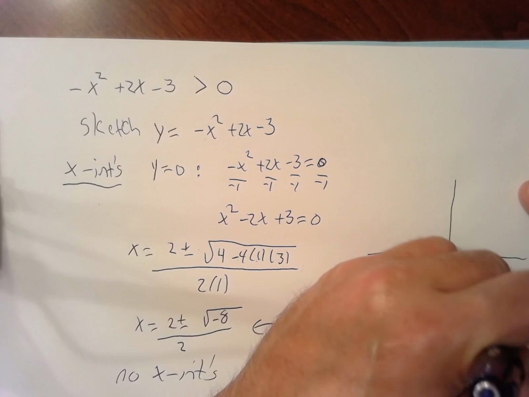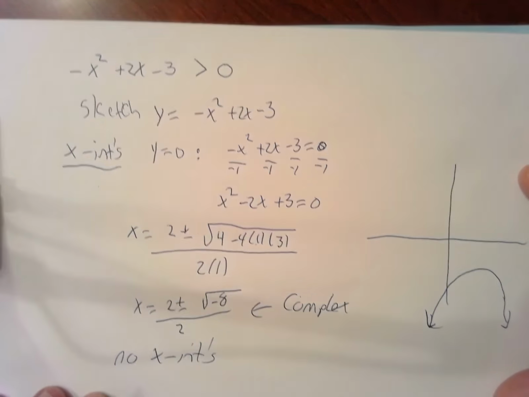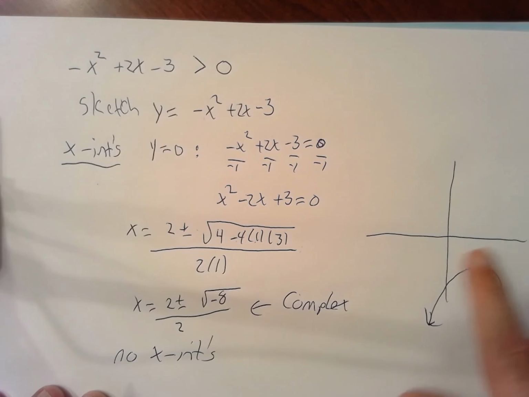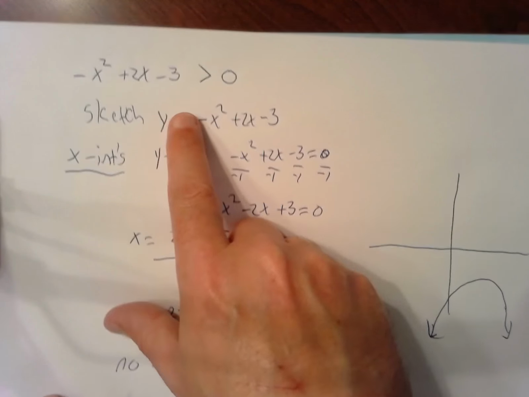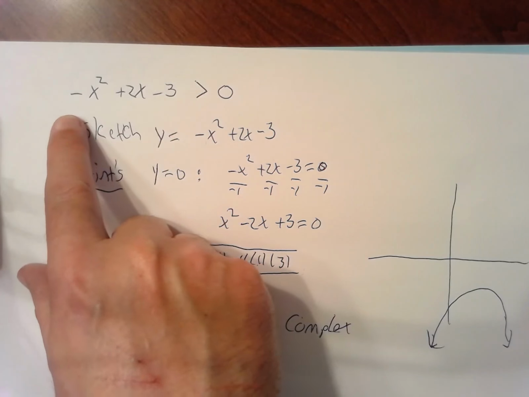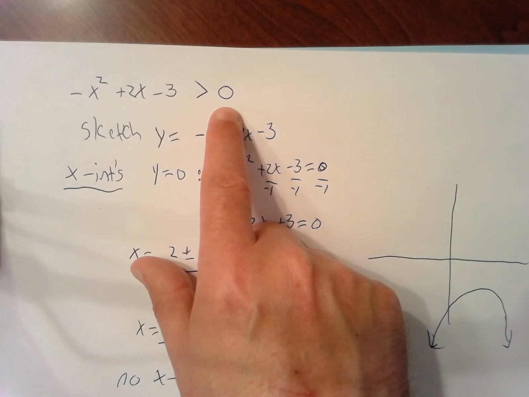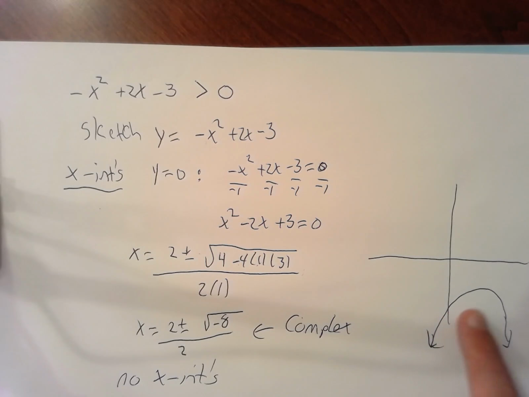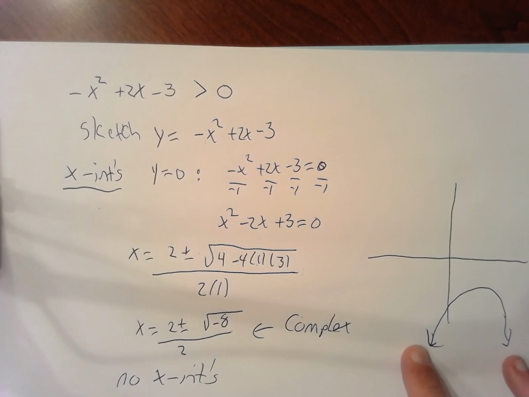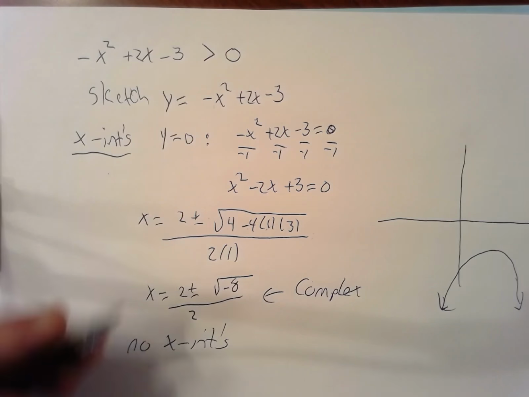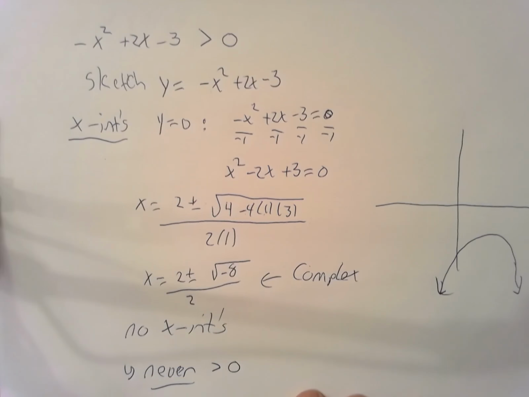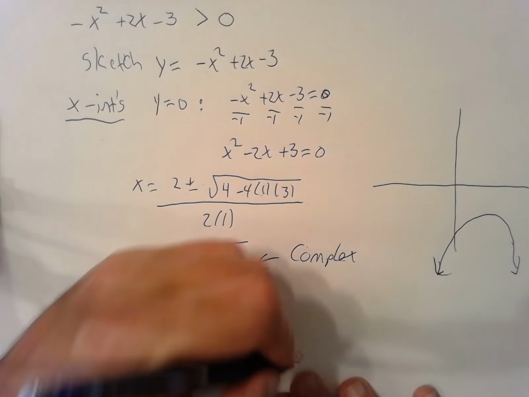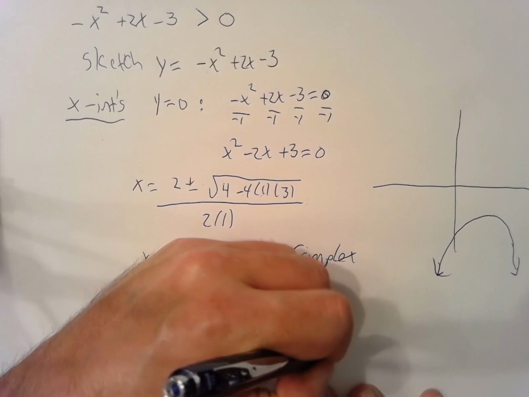It must live down here somewhere, because there are no x-intercepts and it points down. So the original question is, where is this graph positive? This graph's never positive. It's always below the x-axis. So this graph, y, is never greater than 0. So there's no solution.